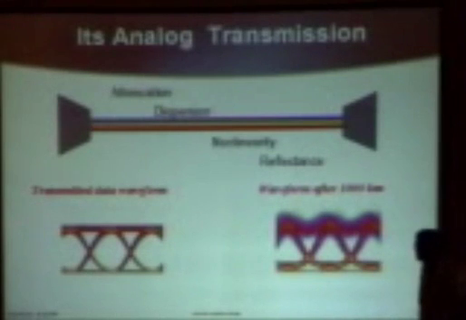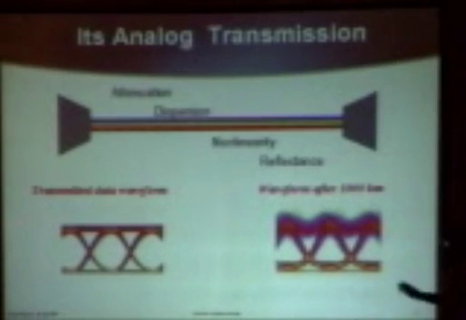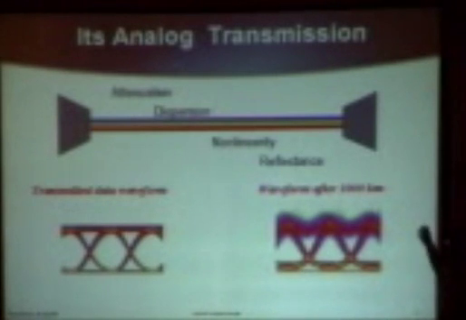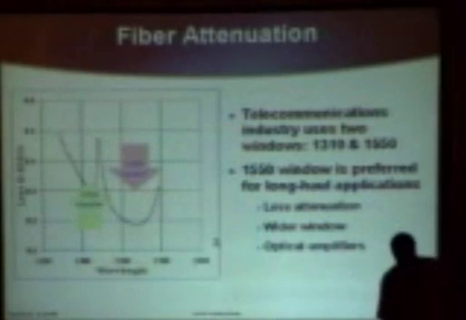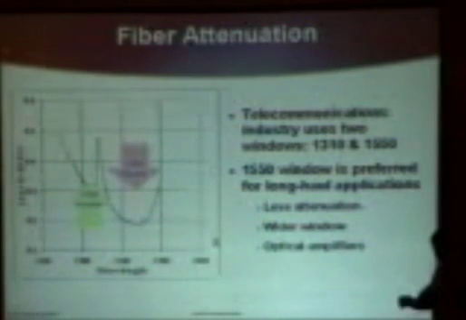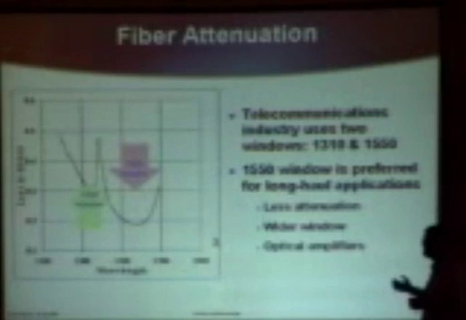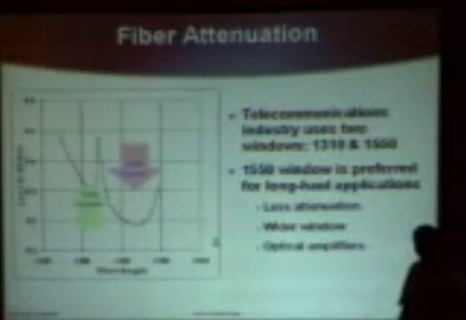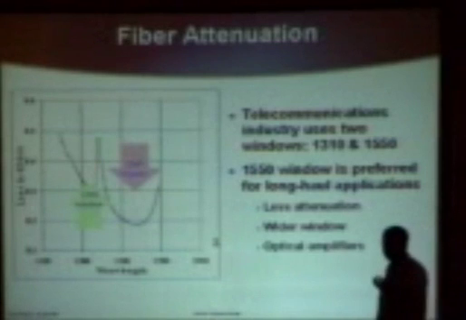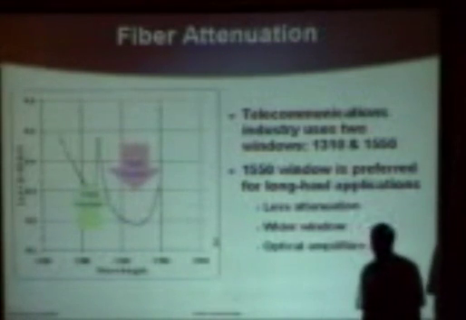So let's talk a little bit about what are the issues at this analog level of the world. Well, it's attenuation, dispersion, nonlinearity, and reflectance basically. So let me show you what a few of those are. If you look at a piece of fiber, of course, it's this long piece of glass, but it doesn't transmit at all windows equally. So you've probably been exposed to the 1550 window and the 1310 window.